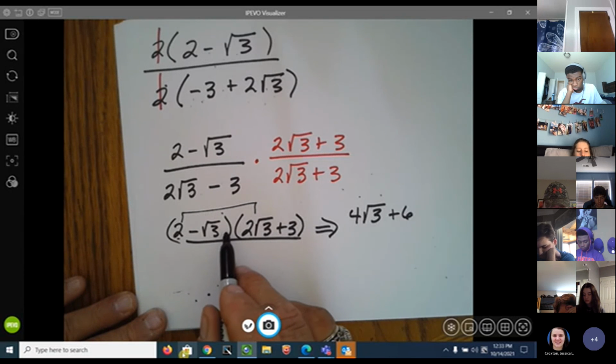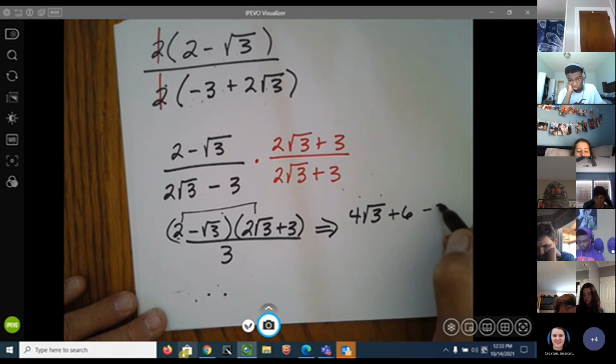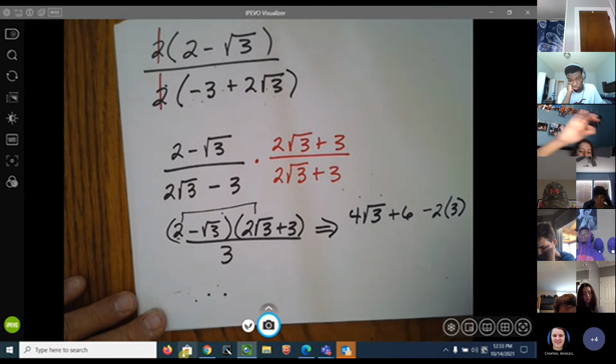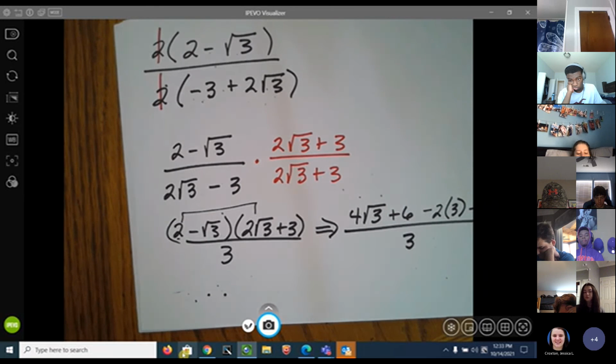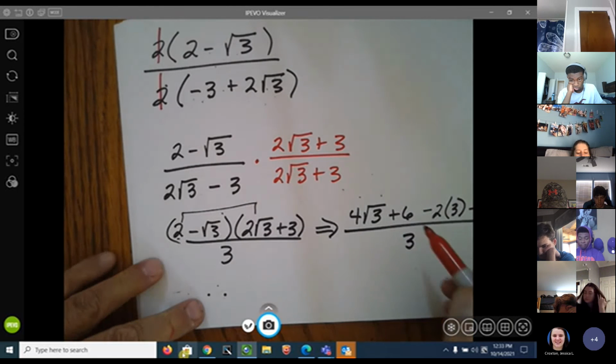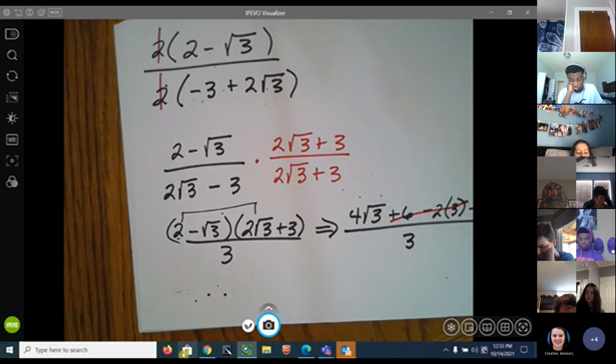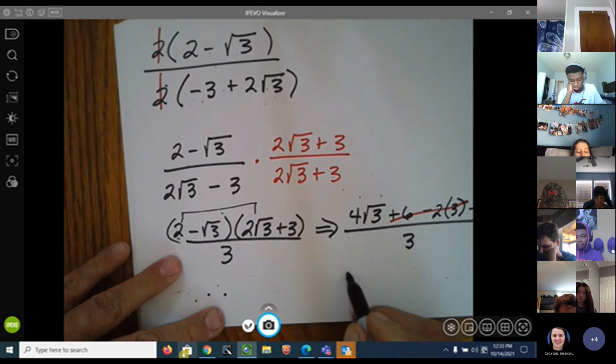Inside, that'd be a negative 2 square root of 3 times square root of 3, which is 3. And then the last is negative 3 square root of 3, over 3. And what happens to the 6's? And what is 4 square root of 3 minus 3 square root of 3?